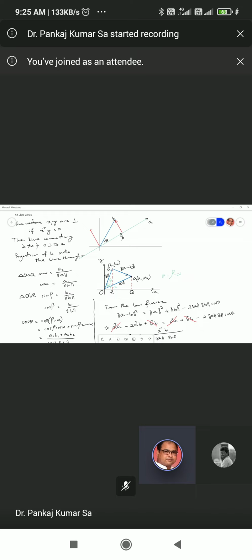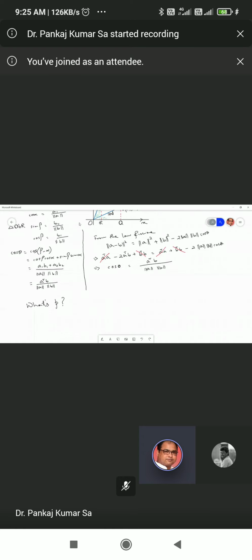The vector P is a scaled version of vector A. So let me write like this. Vector P is equal to some scaled version, let us say the scale is x cap, scaled version of A.